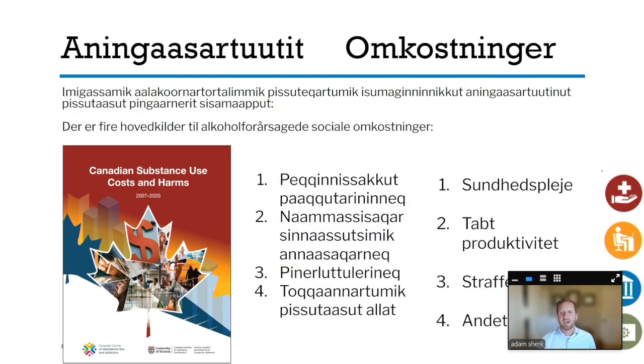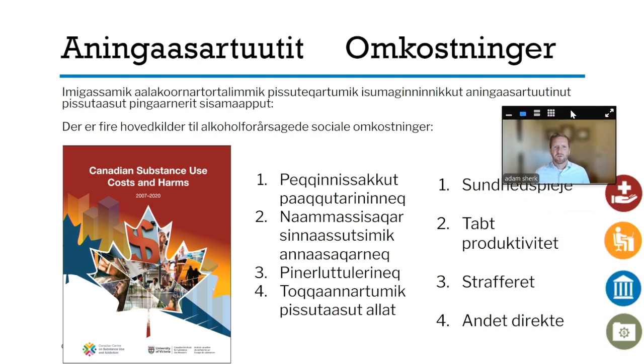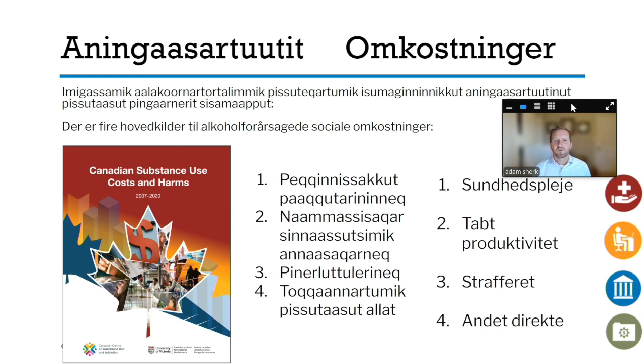We could go to the next slide now. So I talked to you about those four main sources of alcohol-caused social costs, and here they are. From our report, we have healthcare cost. A lot of the healthcare system in Canada is a Medicare system, run or insured by the government, so there's a public cost there.